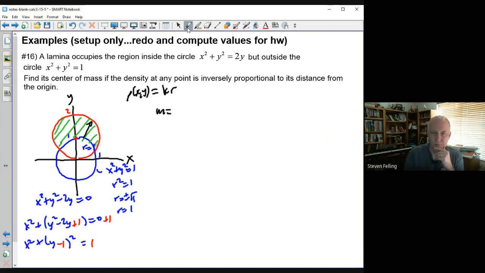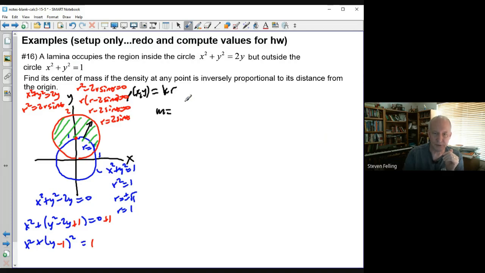But for the red circle, we've got x² + y² = 2y, which is r² = 2r sin θ, which means r² - 2r sin θ = 0, which means r(r - 2 sin θ) = 0, which means if r isn't 0, then r - 2 sin θ must be 0, which means r is 2 sin θ. So that's the radius at the stopping point for the radius.